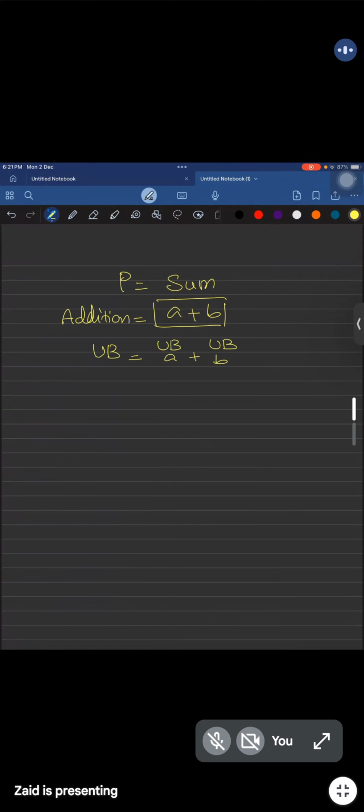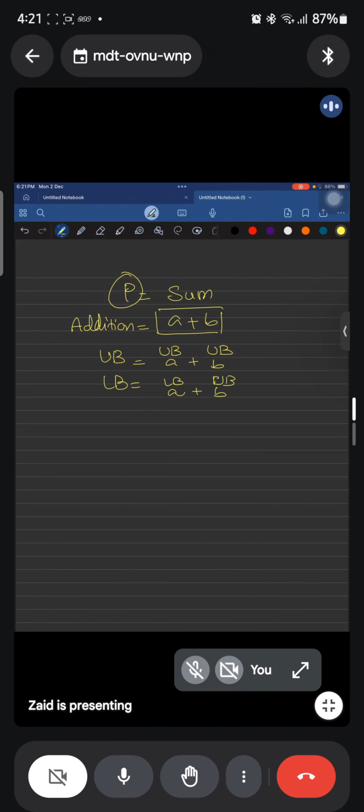If you are going to add two values, to find the upper bound of the sum, you have to take the upper bound of both values, and to find the lower bound, you take the lower bounds of both of them. Okay, this is for sum.